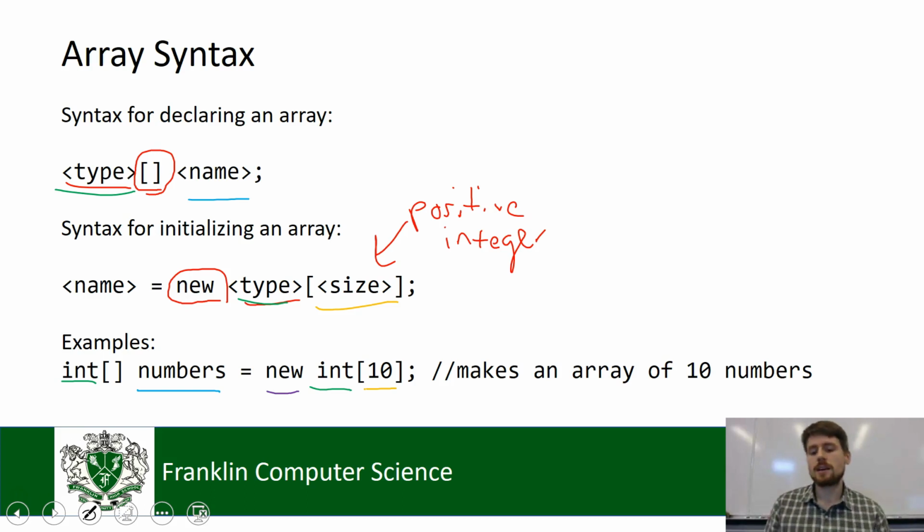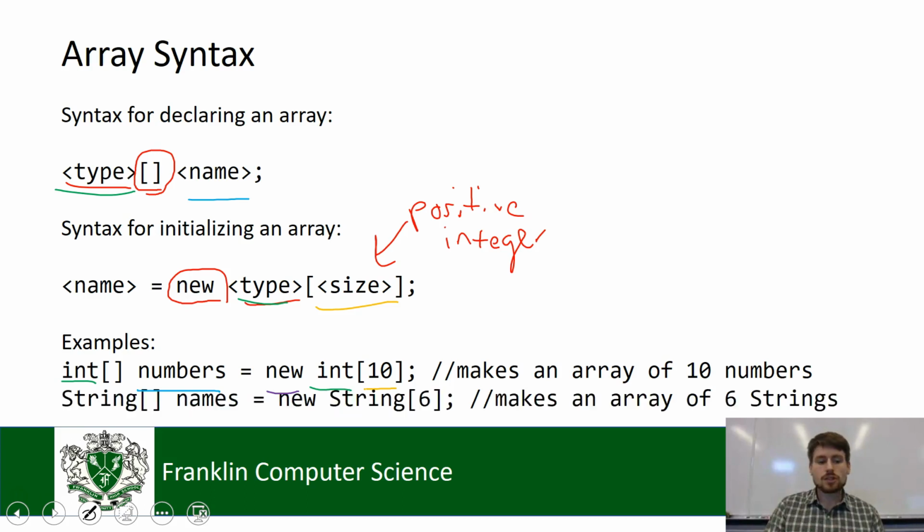And that's going to set aside space for an array of 10 numbers. String[] names equals new String[6]. That's going to make an array of 6 strings. So if I wanted to hold 6 of my friends' names in a list, I would use an array like this. Okay?